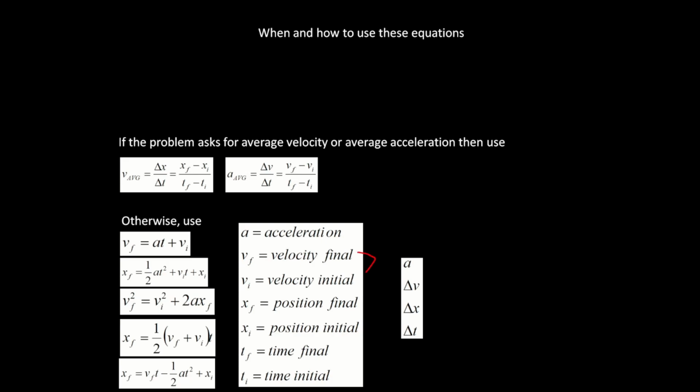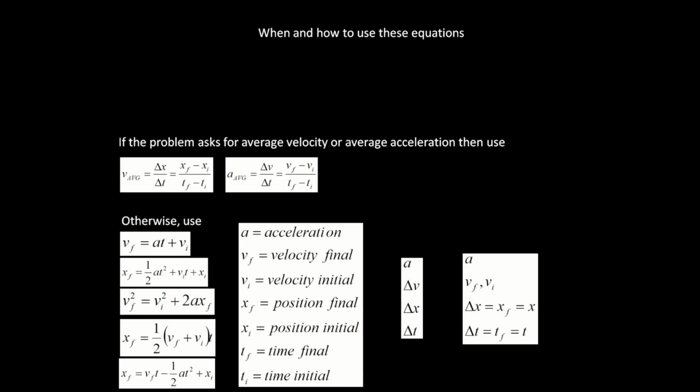So we can take final minus initial here, use a delta, final minus initial here, use a delta, and final minus initial here to use a delta to clean that up a little bit. But in reality, meaning the physics problems that get assigned, it's common to use A, but to break V into V final and V initial. So you won't see the delta symbol too much in homework. It is broken down into final and initial.